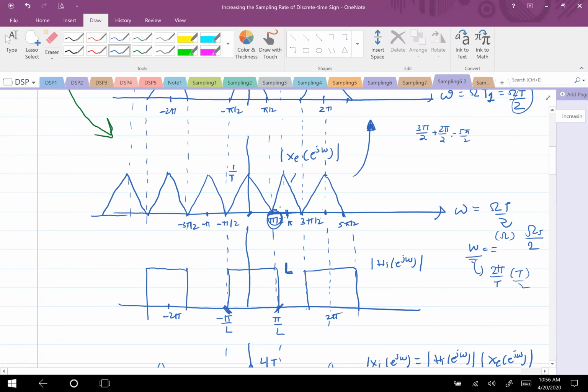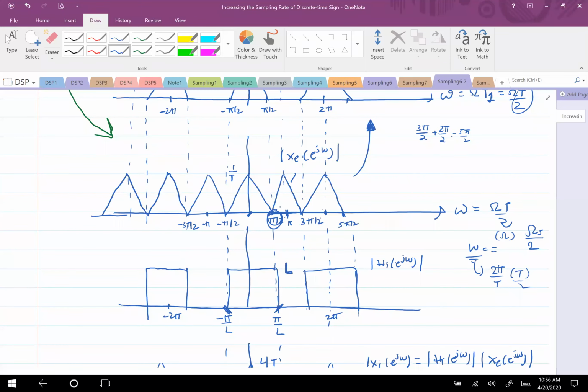Again, think of it in this way. When you are converting a continuous time signal to a discrete time signal, depending on your T value, you are getting as many copies of it placed at nT each one.